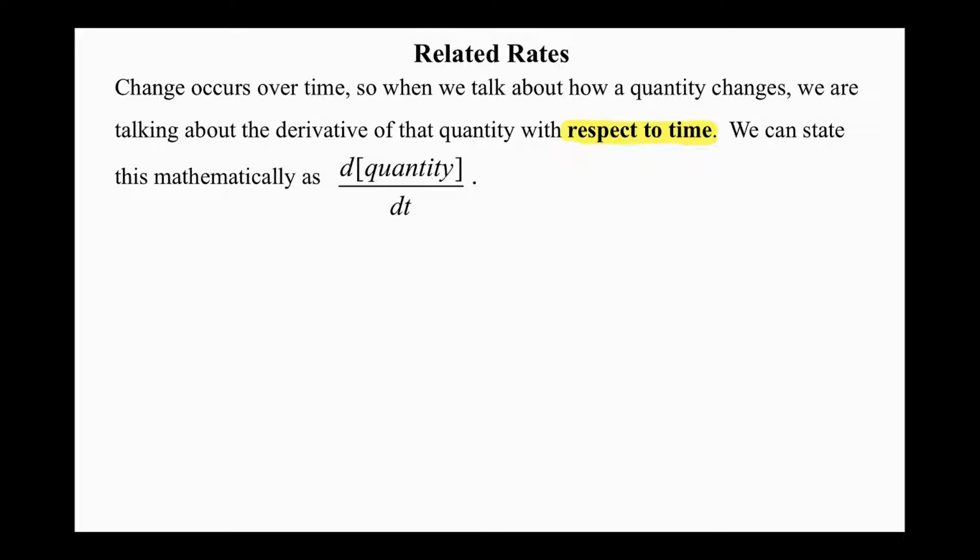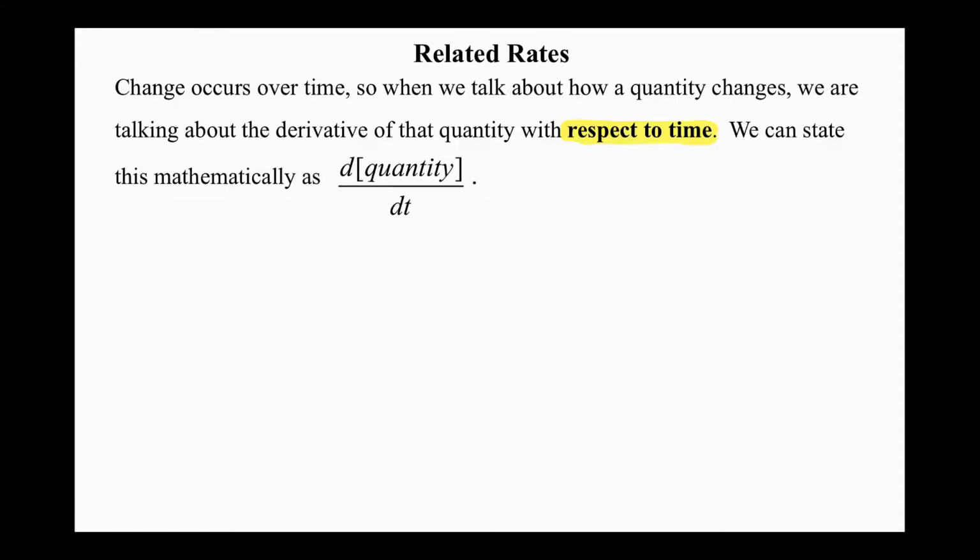In related rates, the x-axis is always time, and y is some sort of quantity, okay? So anytime we're finding derivatives, it's always going to be d something over dt. It's always with respect to time because it's a rate, okay?